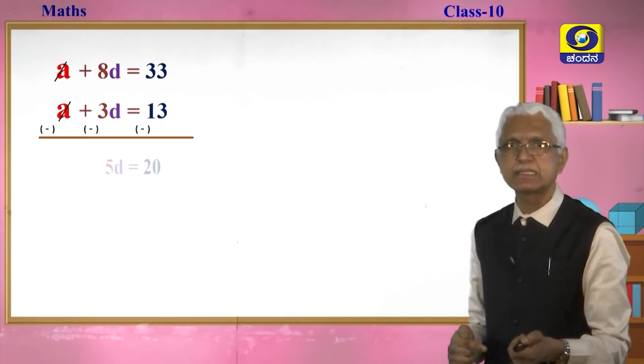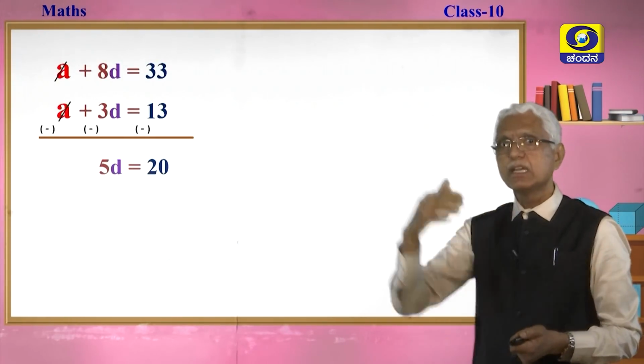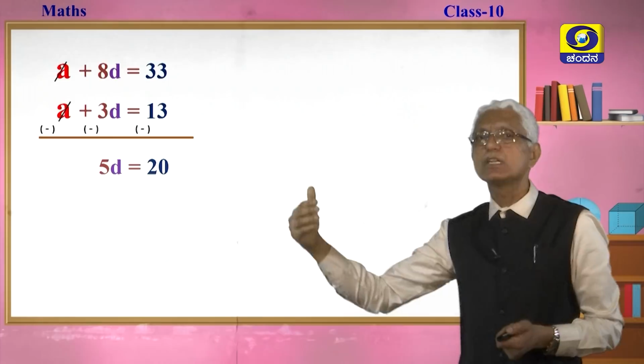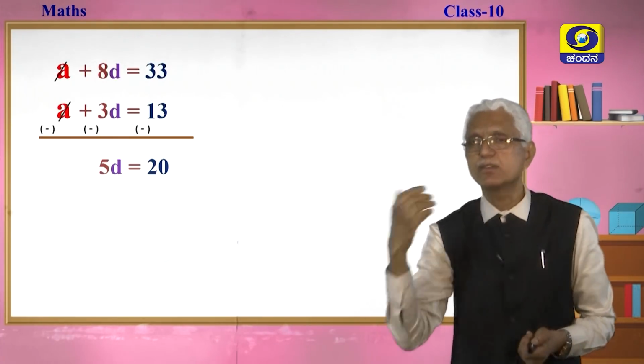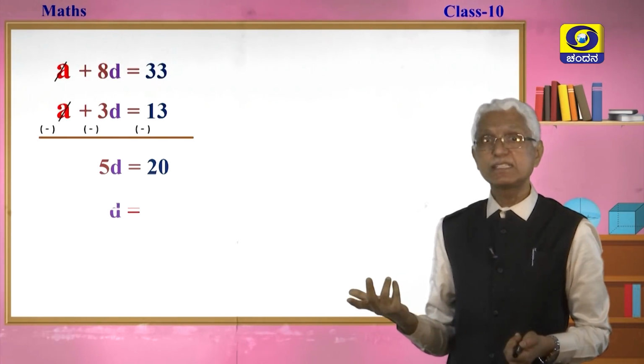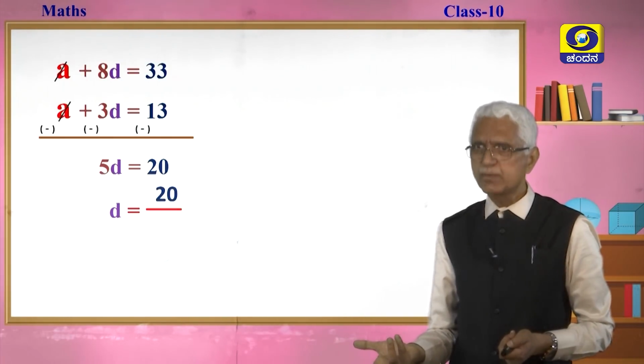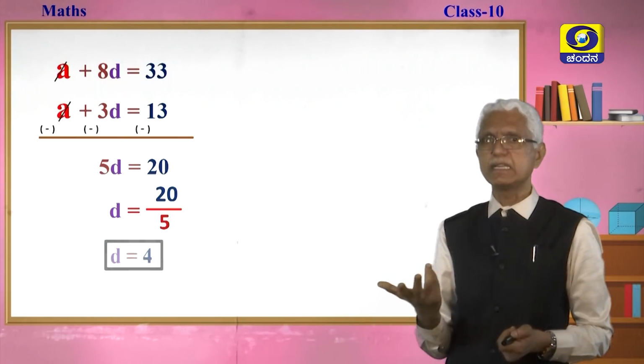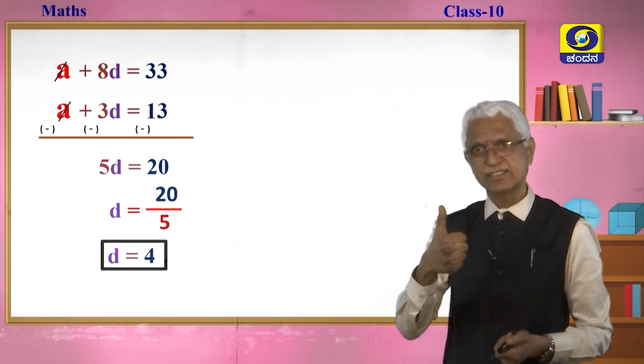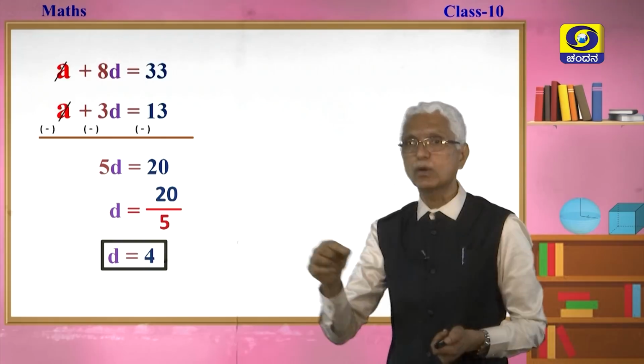What is 8d minus 3d? It is 5d. What is 33 minus 13? 20. 5d is equal to 20. What is d? 20 by 5. d is equal to 4. Yes, the common difference is 4.